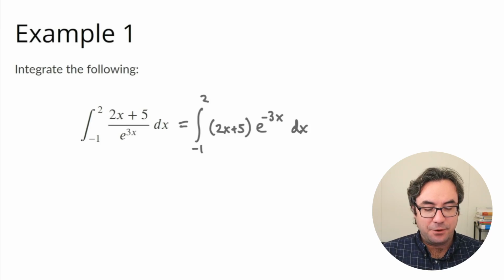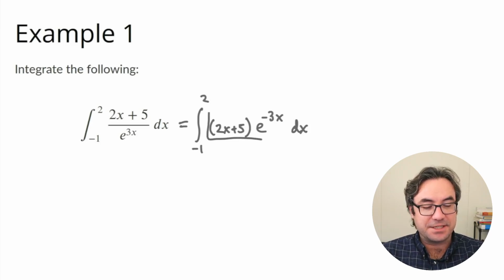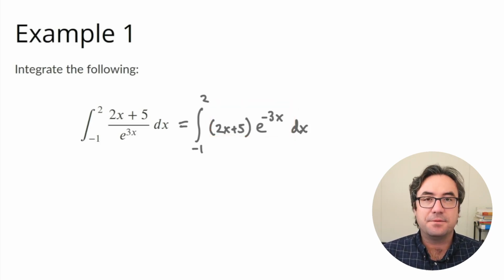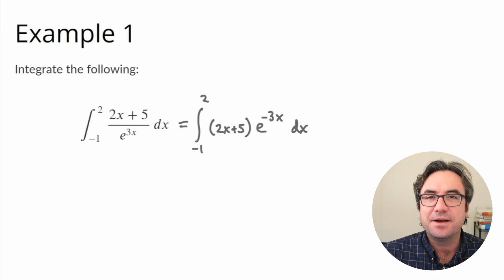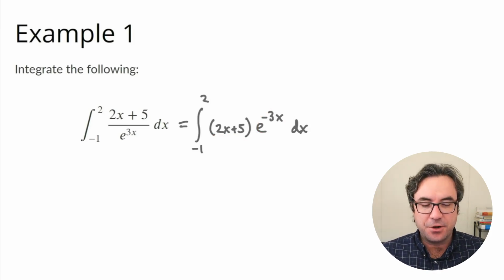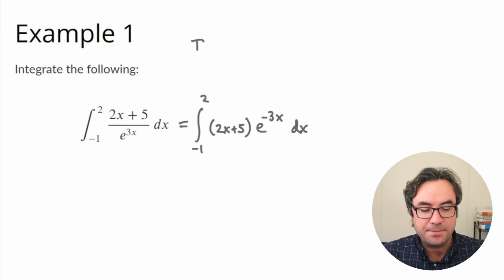All right, so now we have more of a classic setup for an integration by parts problem. We have an algebraic function times an exponential, which has that classic sign of integration by parts. To help us remember what to do, we can write down our acronym, ILATE.